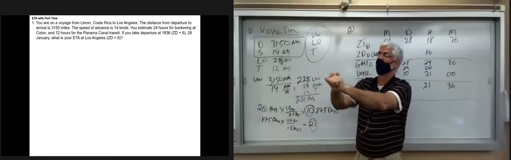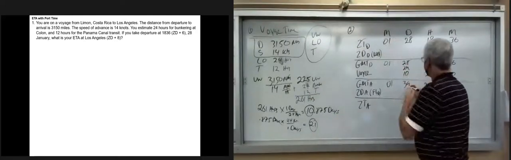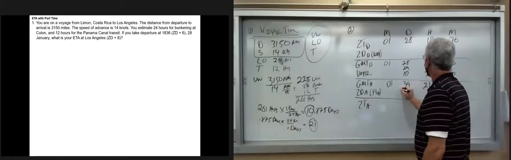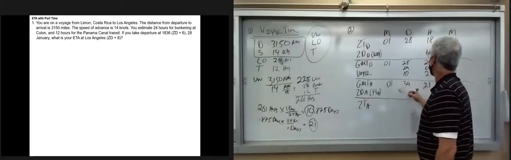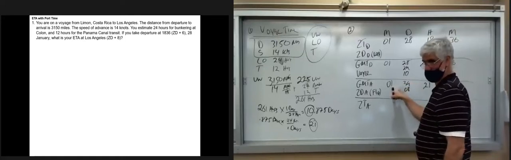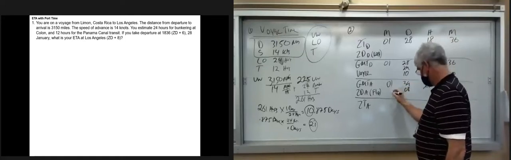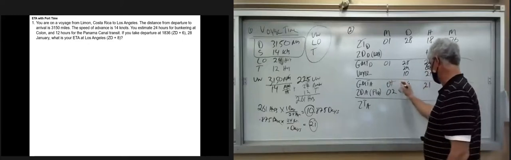So I go January. Oh, January is 31. So minus 31. What do I get when I subtract 31 from there? 08. What happens to this? It's February 8th at 21:36.